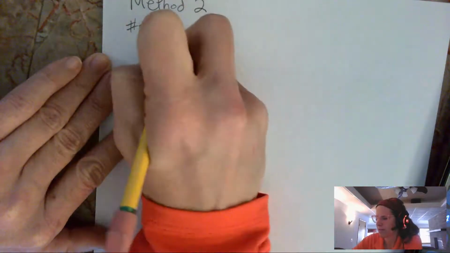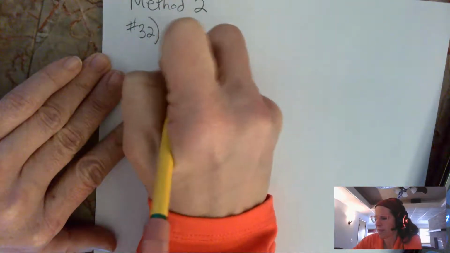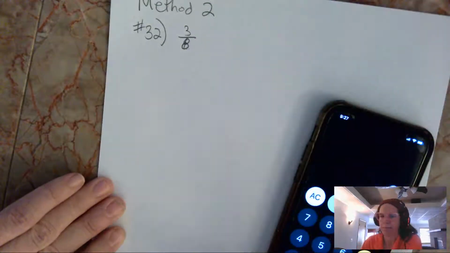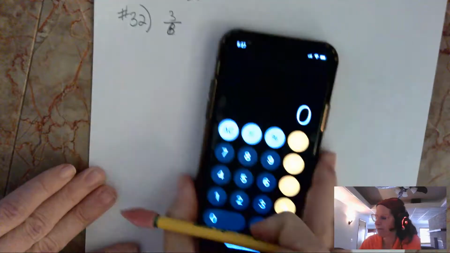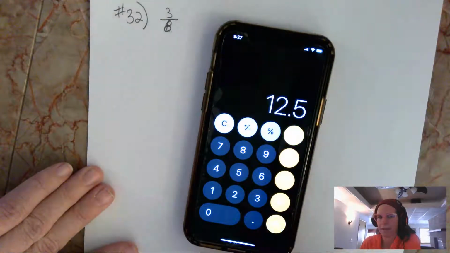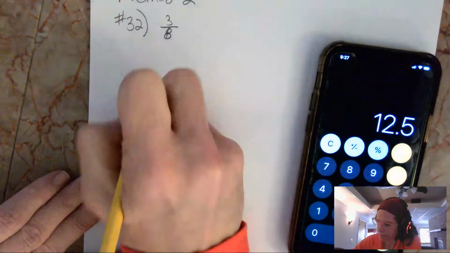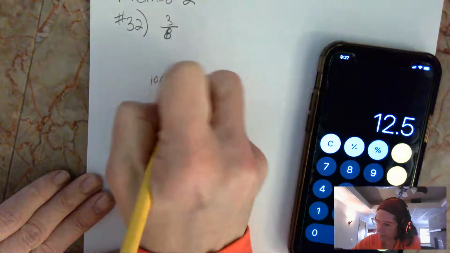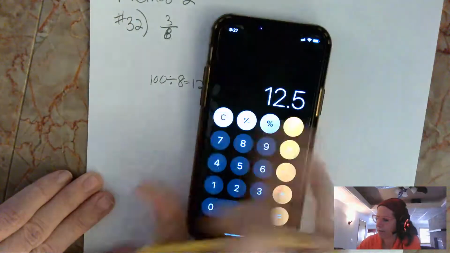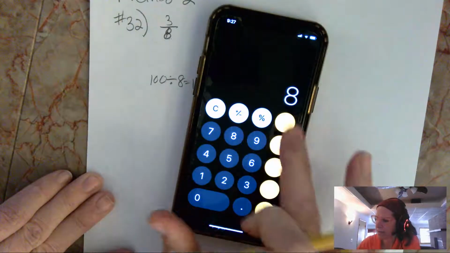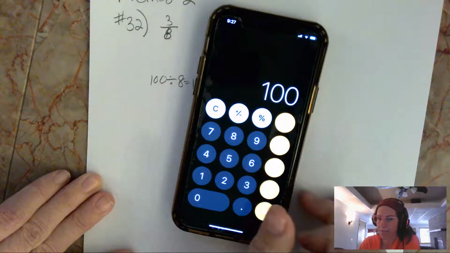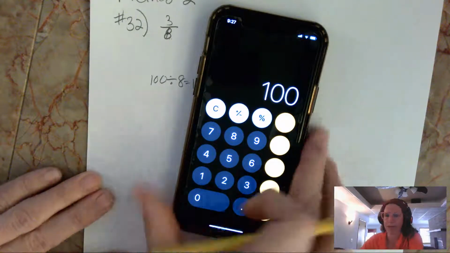If I have 3/8 and I want to get my 8 to 100, but I don't know what factor to multiply by, I can do 100 divided by 8, and that's 12.5. Now if I take that 8 and multiply it by 12.5, I get 100. That's a fact family.